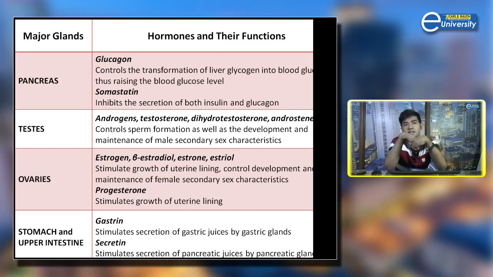How about the testes? Testes and ovaries are also part of the endocrine system. So testes secrete androgens: testosterone, dihydrotestosterone, and androstenedione.